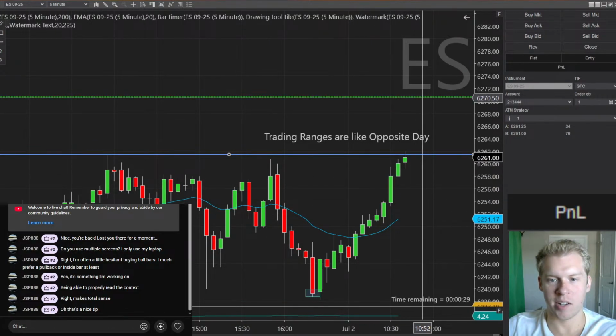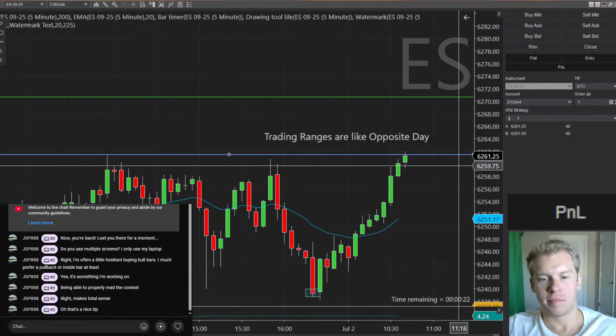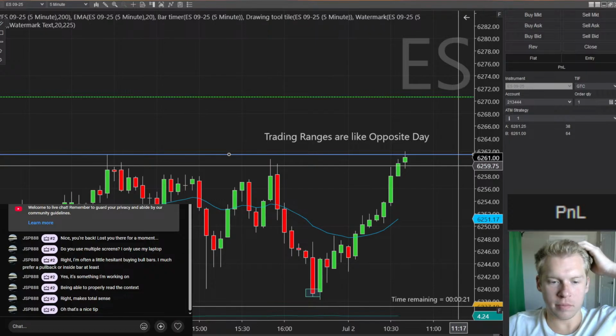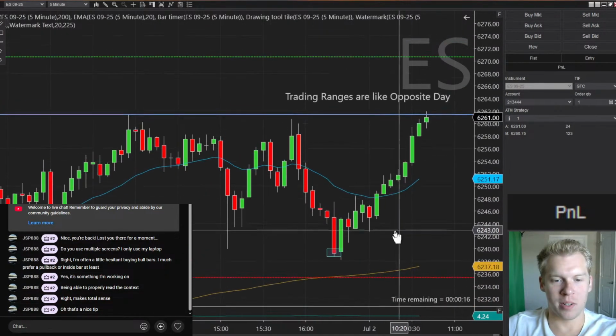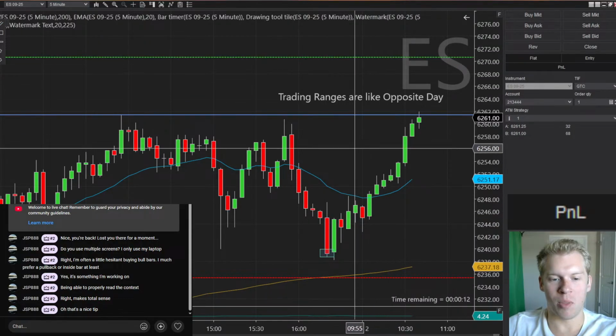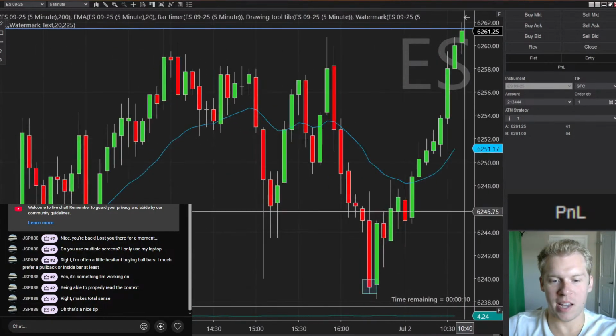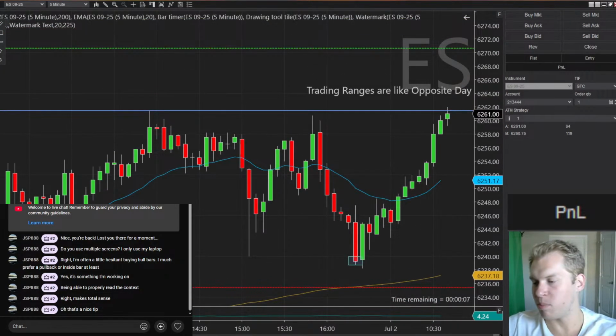The overnight high is actually way up here. So overnight we went from here all the way up here, and then came all the way back down and opened at the exact price that we closed at. So that's just curious price action.